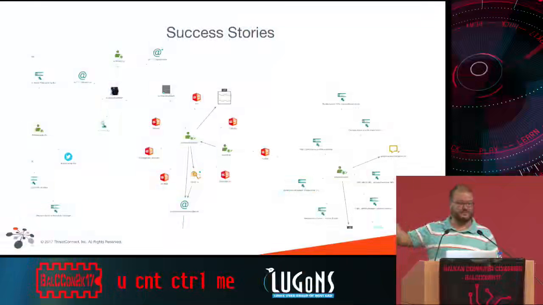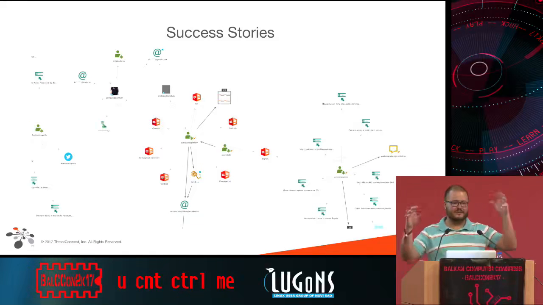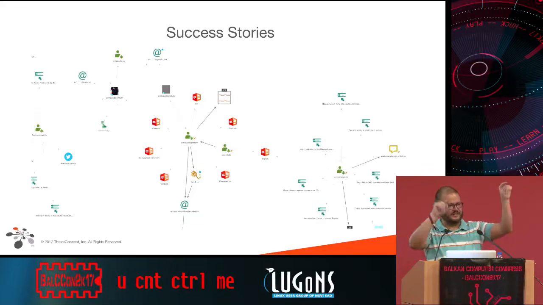What you're looking at here is what's called a graph. I built this using Maltego, and it's where you take this jumble of information that you're collecting from all these different places, and you organize it in relationships between different data points.